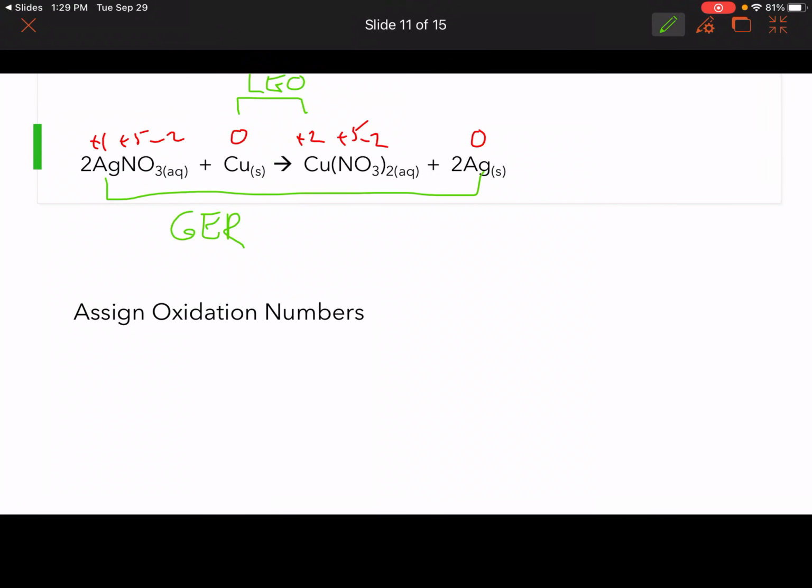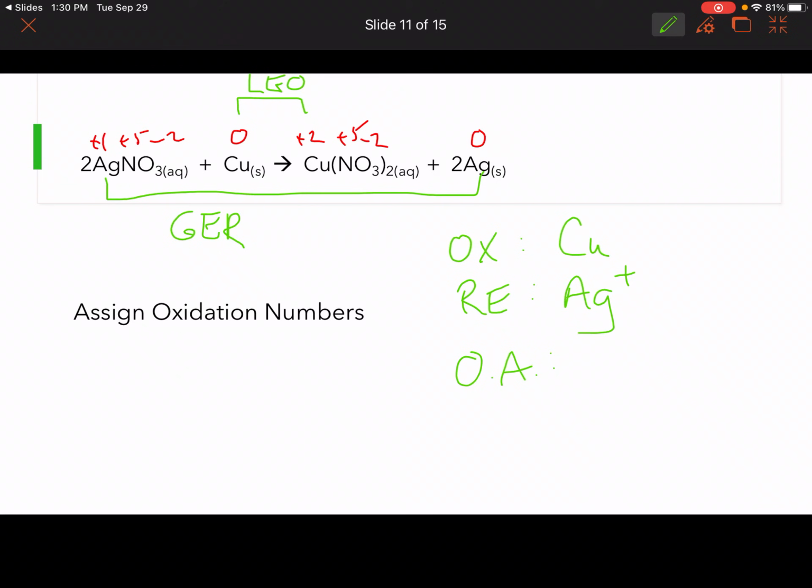So I can say then, for my answer, what is oxidized? Copper. What is reduced is going to be silver. So the silver, I'm going to call it silver plus, okay, because I'm going to put the ionic charge on it there. What is the oxidizing agent?